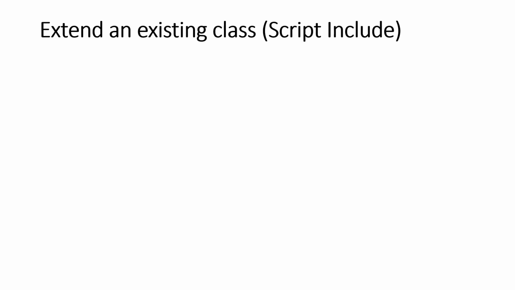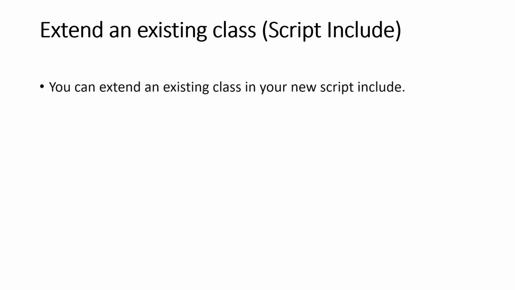So extend an existing class is the last type, or the third type, of script include. You can extend an existing class in your new script include. I have already shown you how you can define a new class inside of a script include, how we dealt with multiple functions, and with the help of a use case how you can call those functions and the script include.